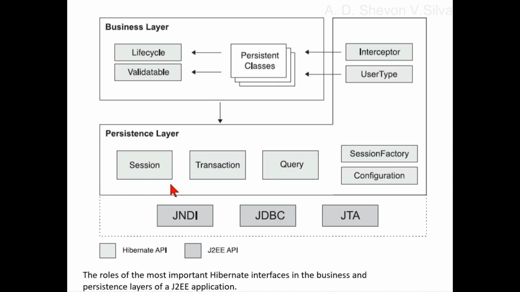It may be helpful to think of a session as a cache or collection of objects loaded from or related to a database for a single unit of work. Hibernate can detect changes in objects belonging to a unit of work.